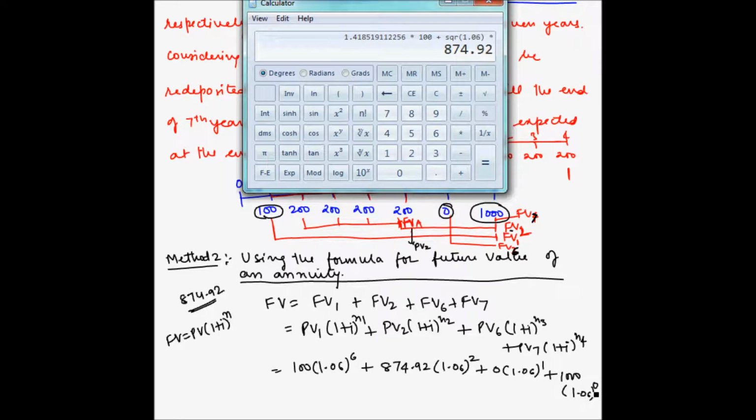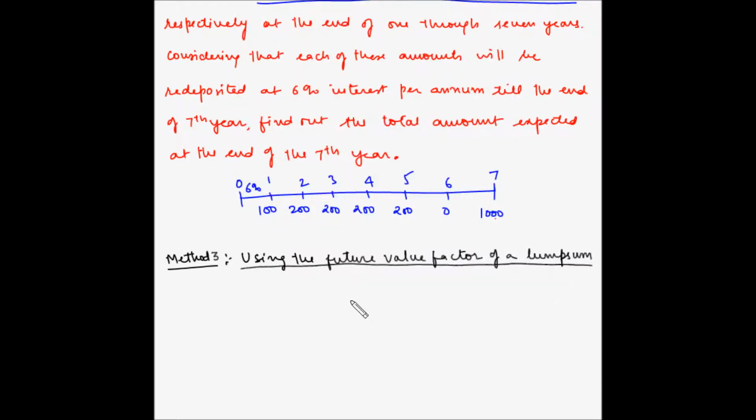And 1.06 to the power 0 is 1, so 1000 into 1 is 1000. So plus 1000, 2124.91. So this is equal to 2124.91 rupees. Now this is the same answer that we got using method 1. Now let us look at another method. Now the third method is to use the future value factor of a lump sum.